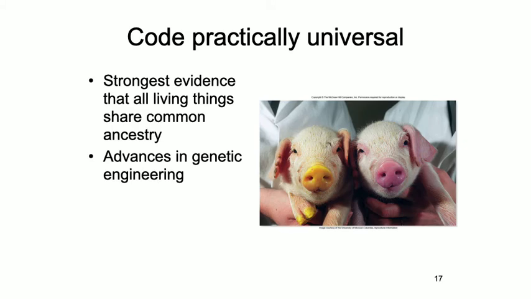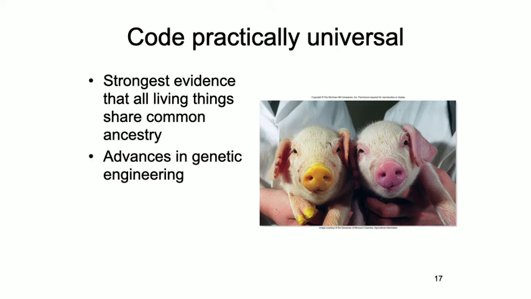pieces of the genetic code, so a gene or several genes, can be inserted from one organism into another organism, and they will be read by that organism's machinery and expressed to produce the proteins. So it doesn't matter where that DNA comes from.